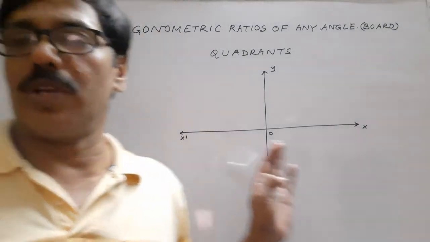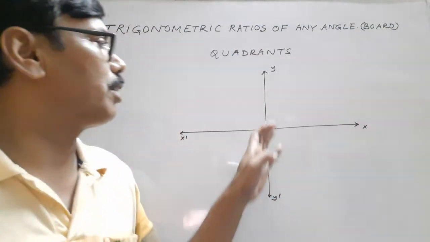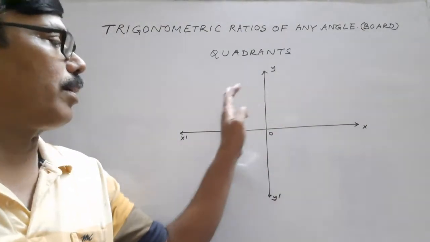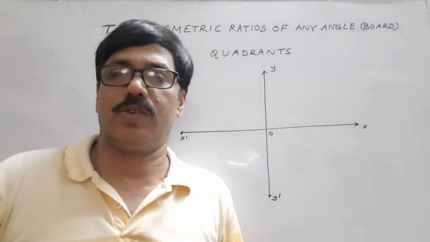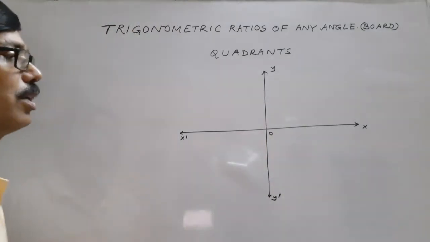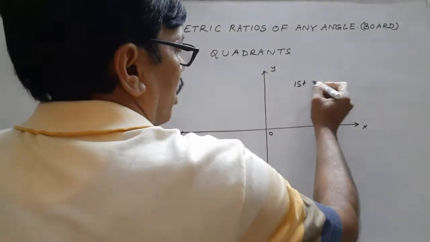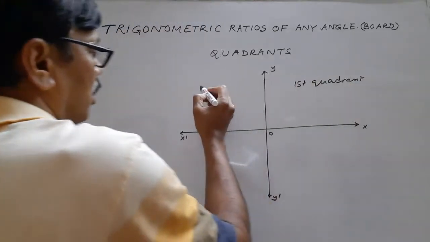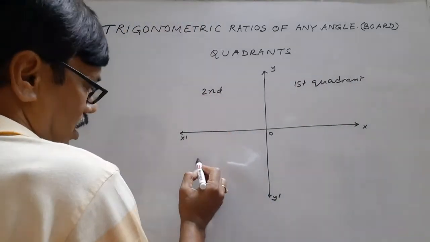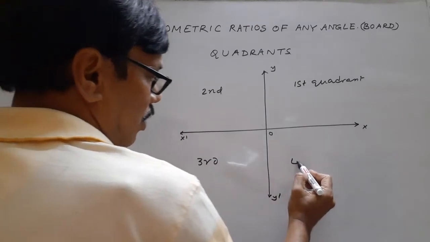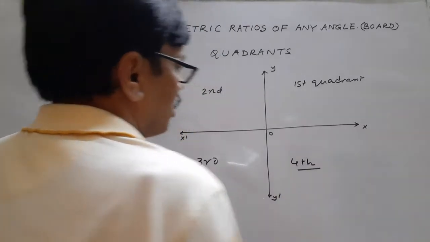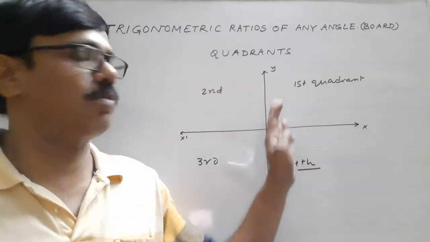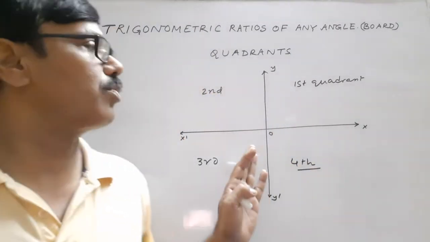These two mutually perpendicular lines divide the plane into four parts. Each part is known as a quadrant. So this is the first quadrant. This is second, this one is third, and this one is fourth quadrant. First, second, third, fourth. So there are four quadrants.